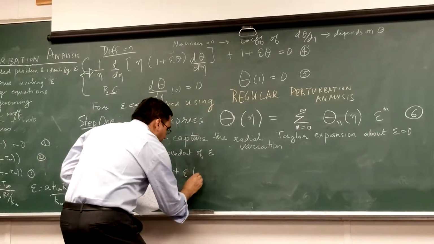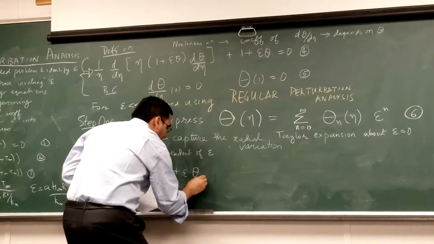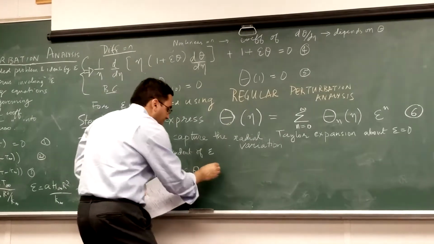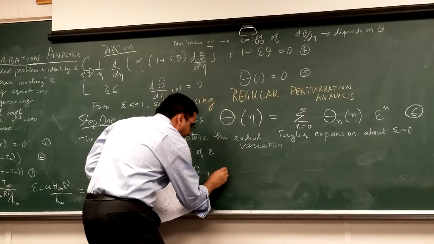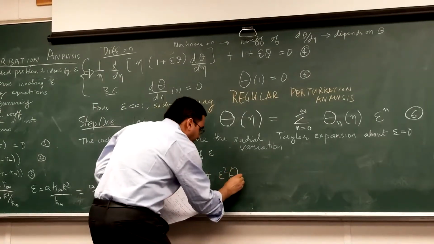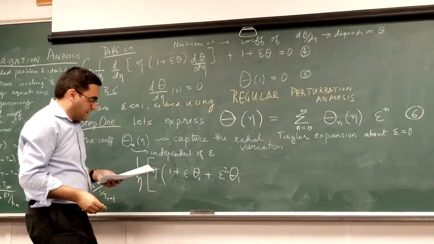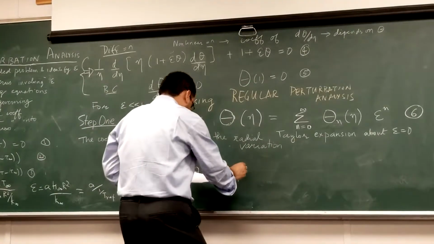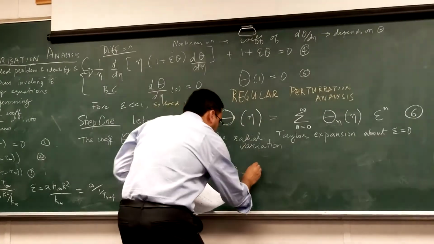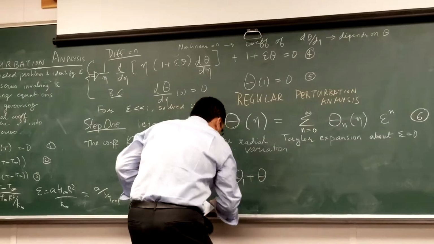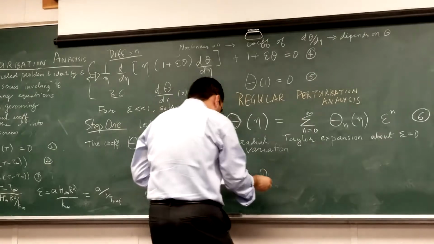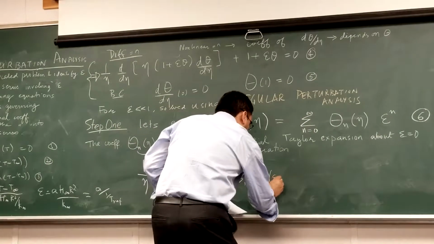So first term is epsilon naught. Second term is epsilon times theta 1 divided by 1 factorial. So epsilon and epsilon becomes epsilon squared, and theta 1 and 1 factorial is just 1, so I'm going to leave that like this. And then there are higher order terms.